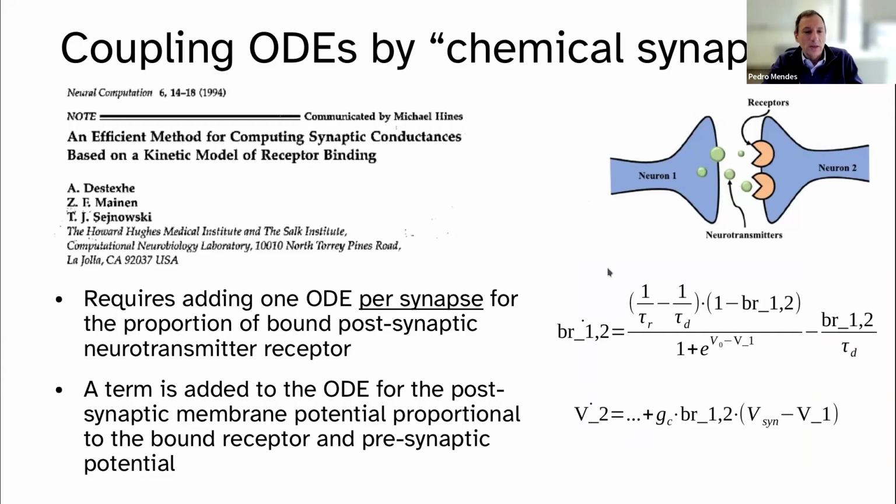But essentially, you have in cell one something that secretes a substance, which then diffuses across this little synaptic cleft and hits a receptor on the postsynaptic neuron, which then causes a membrane potential change on that neuron. We follow the work described in this paper back in 1994, which allows us to create a very simple model that still more or less follows the biophysics of this process.